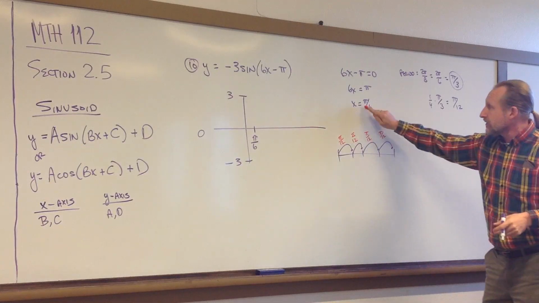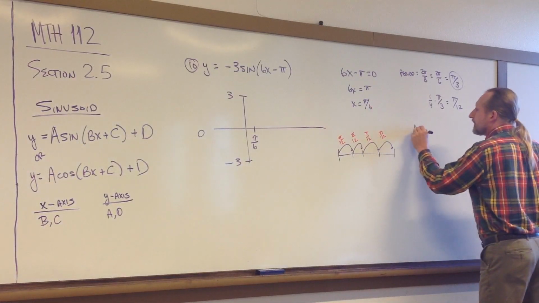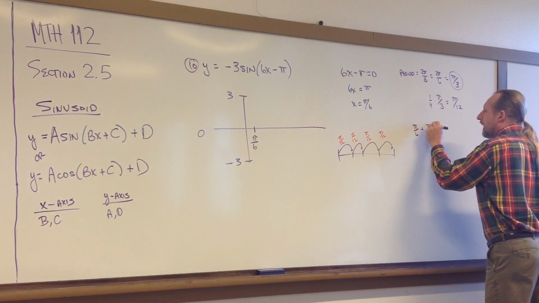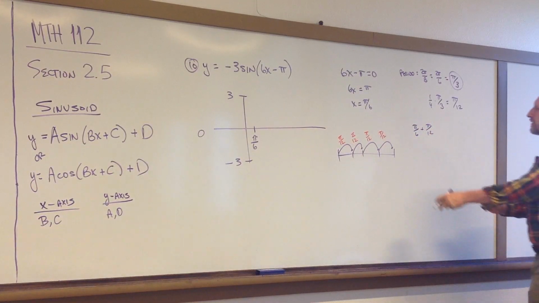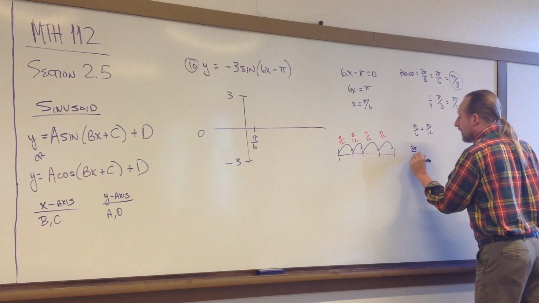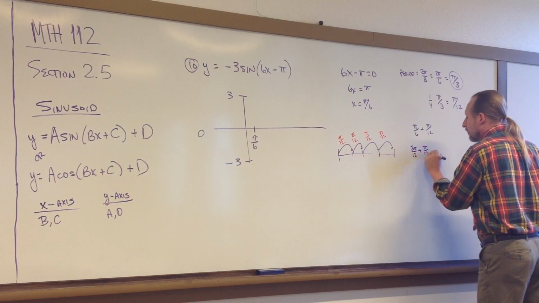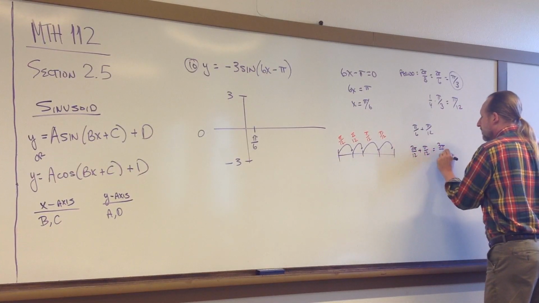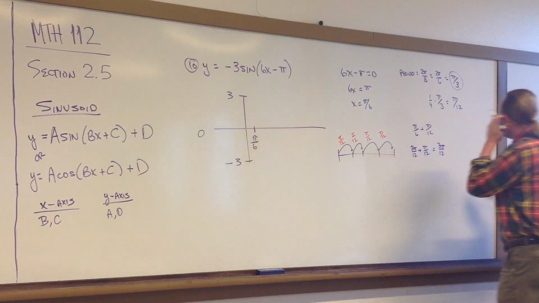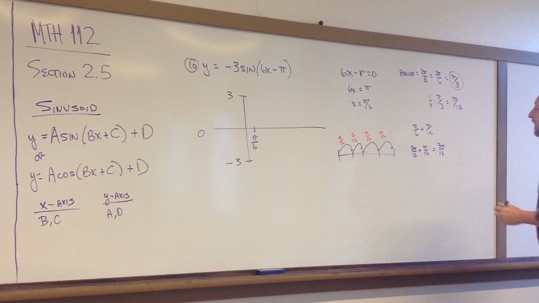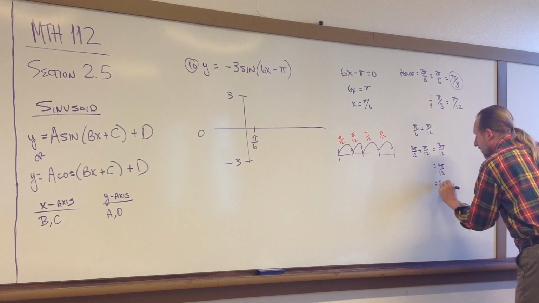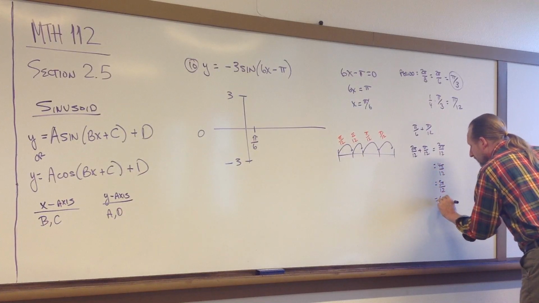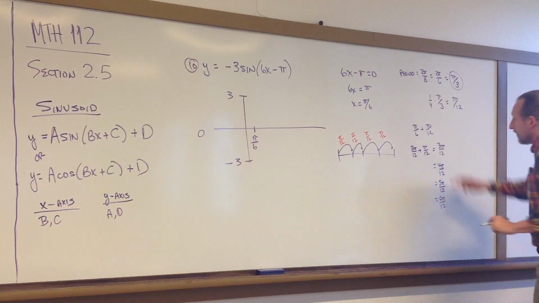So now we need to take our starting point, pi over 6, and add pi over 12 to it. And again, we need a common denominator, so this is 2 pi over 12, and this is 1 pi over 12. So that makes 3 pi over 12. And really, we're just adding 1 pi over 12 every time. So we're going to go 4 pi over 12, 5 pi over 12, 6 pi over 12.